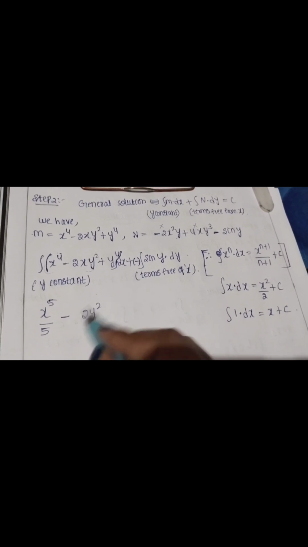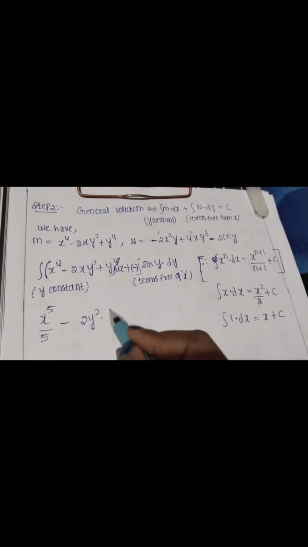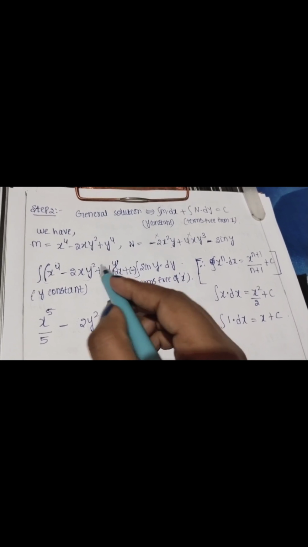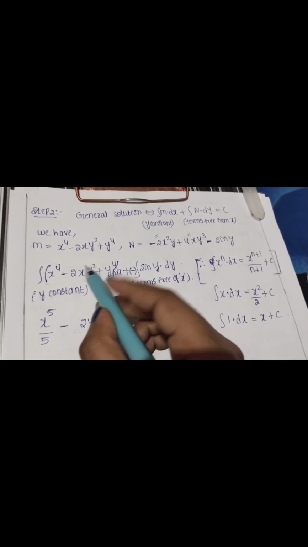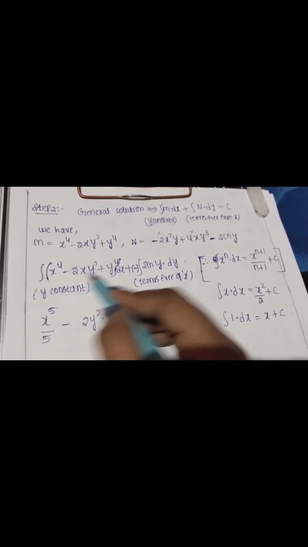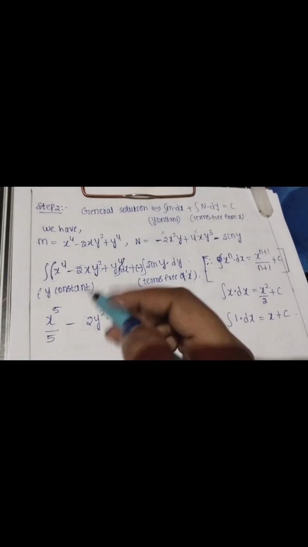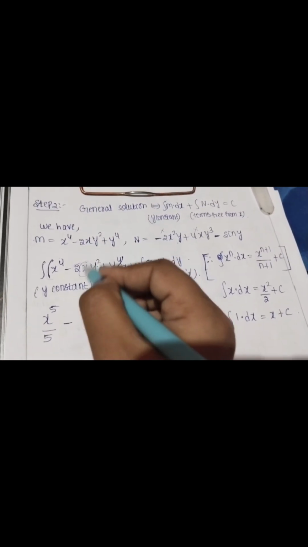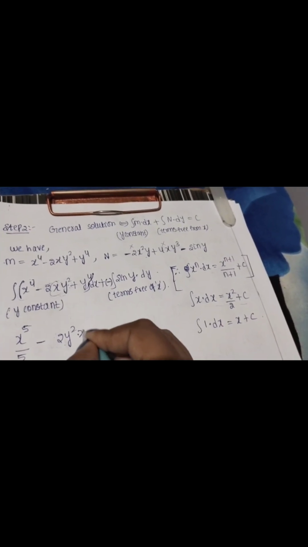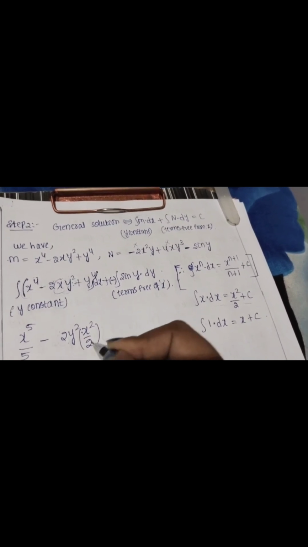As we are taking y as constant, keep it aside. Keeping it aside means taking the constant outside and then integrating. That's what we are following here: y² is also a constant along with 2, so let's take 2y² outside and integrate the rest. Integration of x is x²/2.